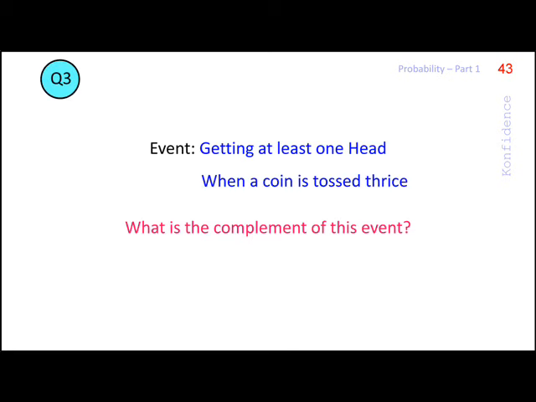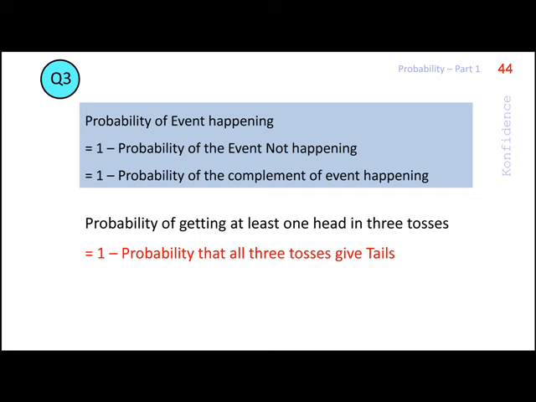In this question, we had to find out the probability of getting a head at least once during the 3 tosses of a coin. What would be the complement of this event? That is, when would the event under consideration not happen? The event will not happen when none of the 3 tosses give a head.